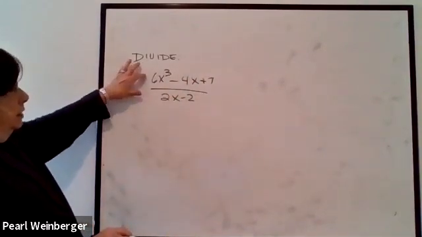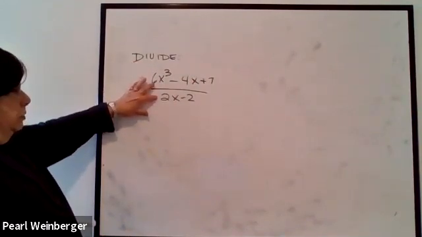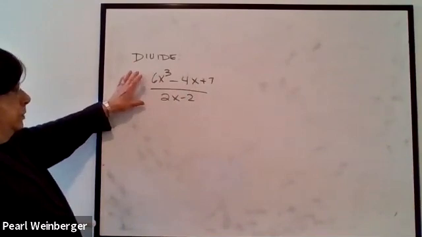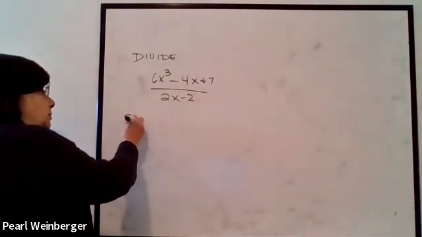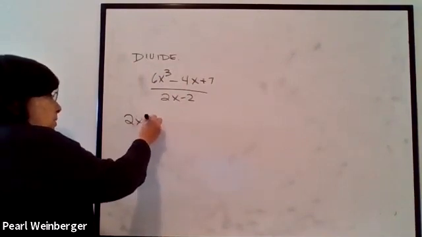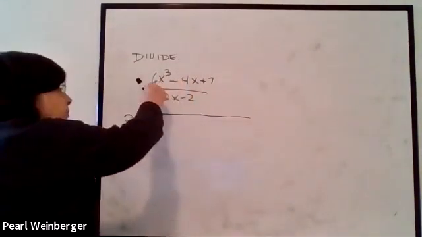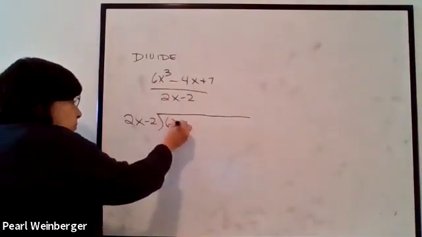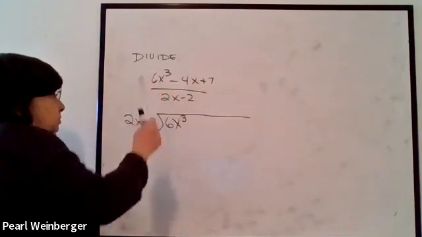Again, we're dividing by a binomial, so we must do it by long division. I'm going to put the 2x minus 2 on the outside, and on the inside I'm going to put the 6x to the third, that's the highest power, so that goes first.